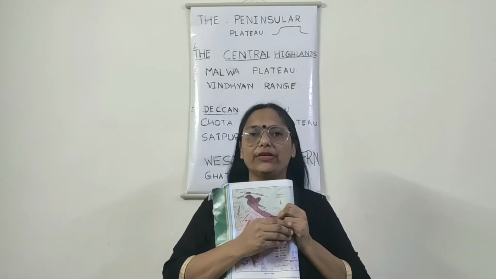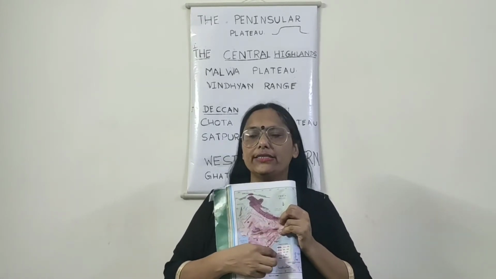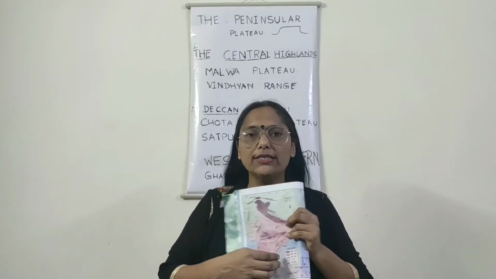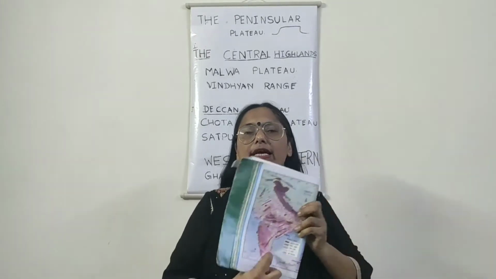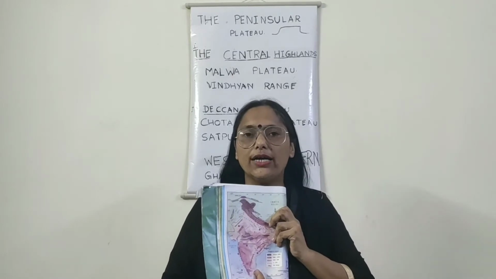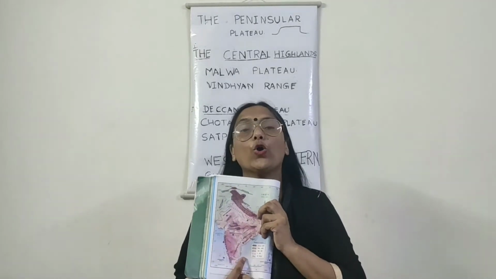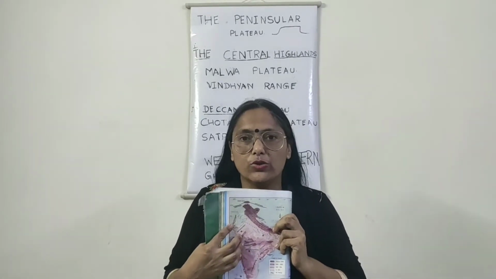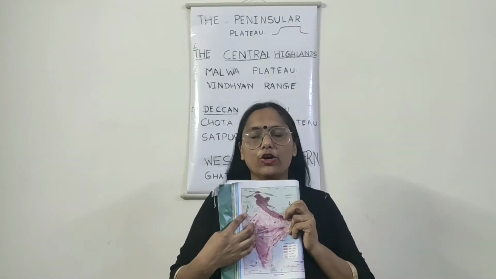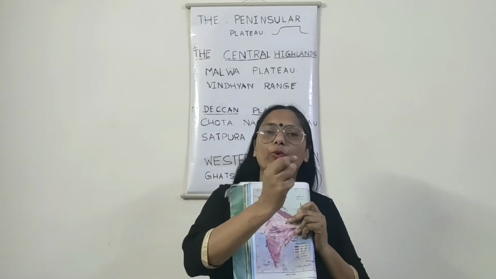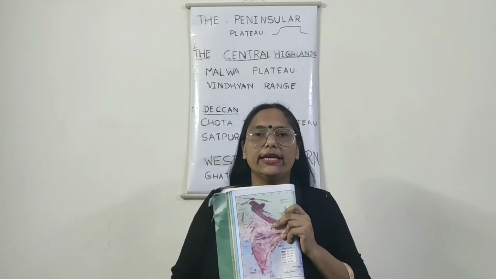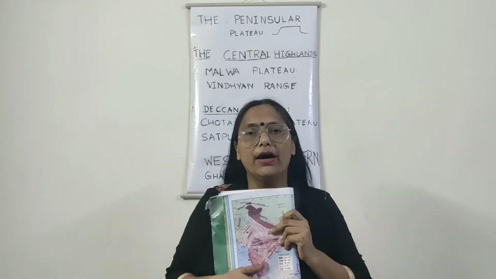Just parallel to the Western Ghats, we find the Eastern Ghats. The Eastern Ghats are also known as the Coromandel coast, whereas the Western Ghats are also known as the Malabar coast. The area between the Arabian Sea and the Western Ghats is known as the Malabar coast.